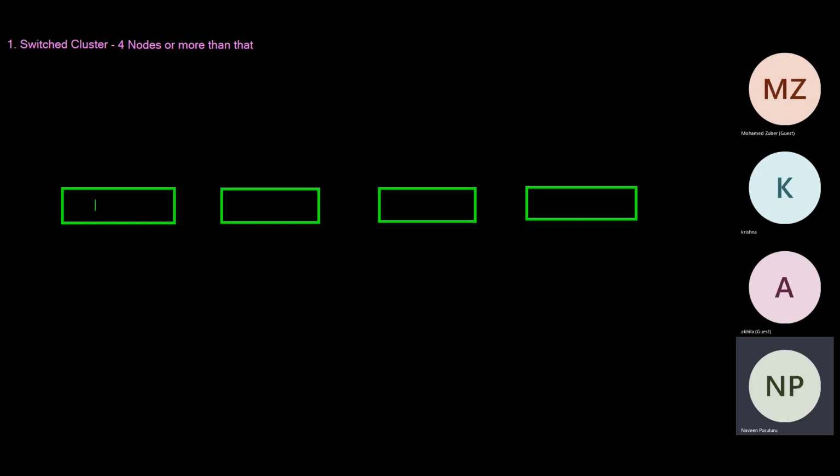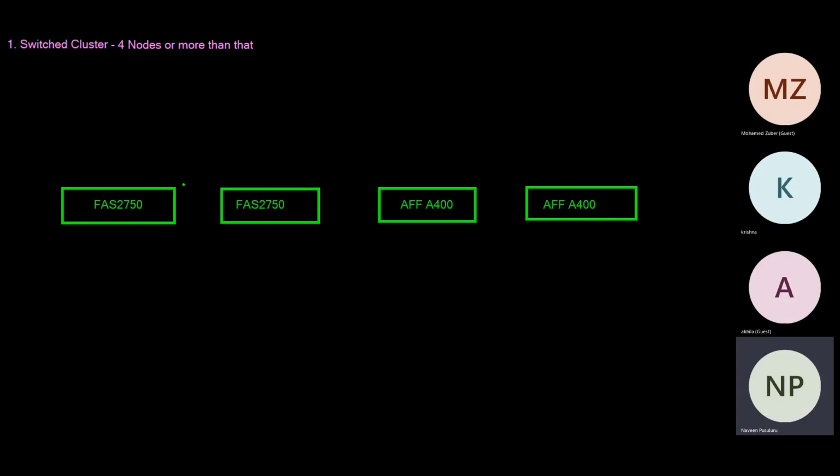Or else let me take FAS 2700, 2750, something like that, so that I can explain clearly. FAS 2750. You must have the same model, right? Let's assume that this is an AFF A400, which is one of the latest models in the mid range, A400. Now I want to create a cluster with all these 4 nodes.